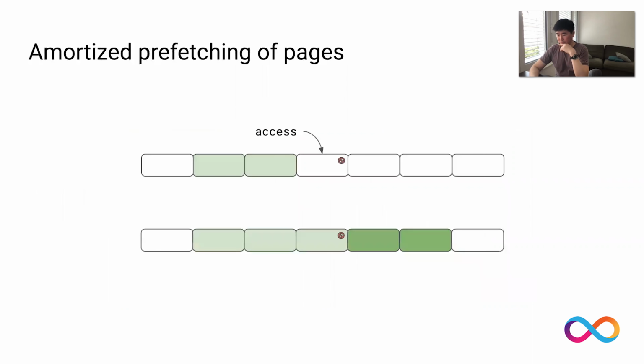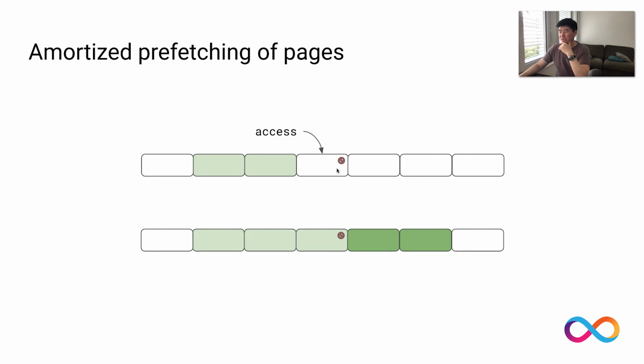And for that, we implemented the following optimization. It's based on the idea that when we get a signal and need to fetch the page for either read or write access, we can look at the access pattern that happened before that page was accessed and use that as a hint on how many pages will be accessed in the future.